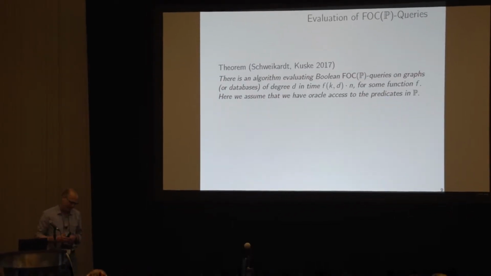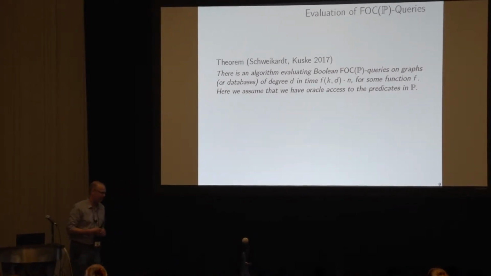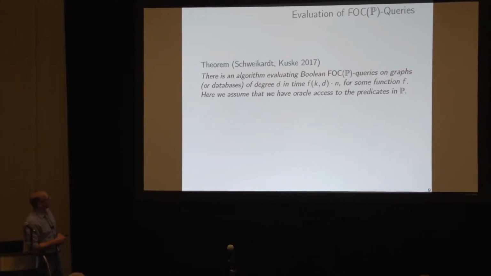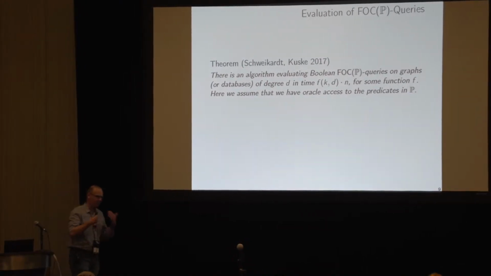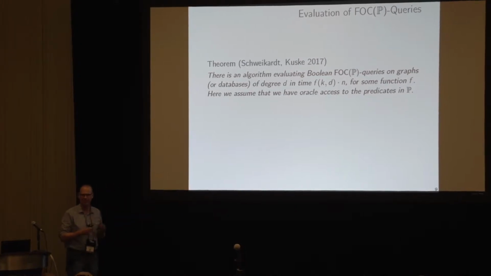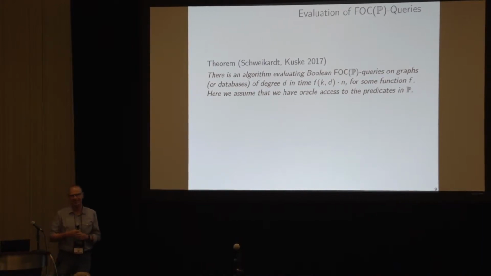And actually, when we started to talk about this, when Nicole visited sometime last year, Nicole and Dietrich had already proved that on bounded degree graphs you get linear time fixed parameter tractability. So very nice. So we thought, let's extend this, at least to planar.